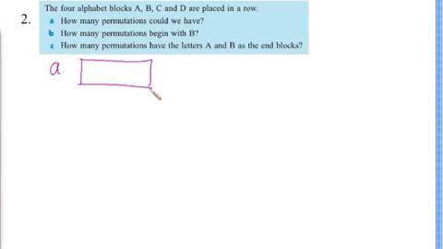Well, if there are 4 letters, I need 4 total boxes. And again, I have 4 choices for the first box, 3 for the second, 2 for the third, and 1 for the last box. I multiply those together, and again, we're going to have 24 permutations.